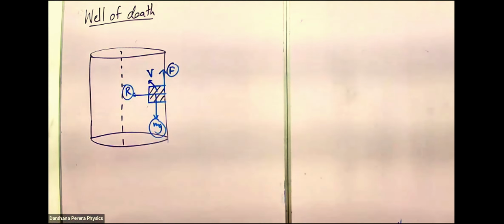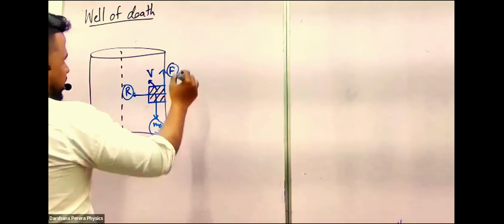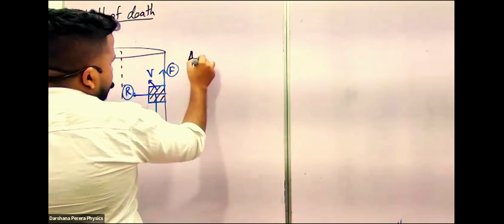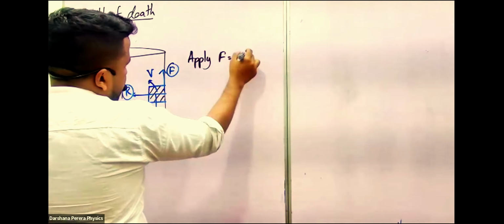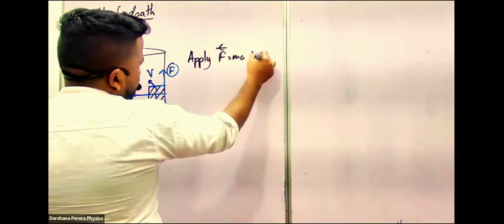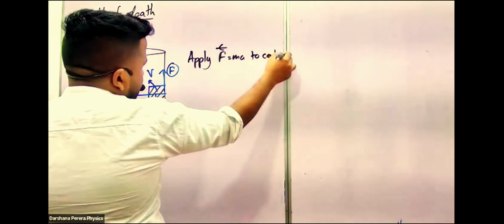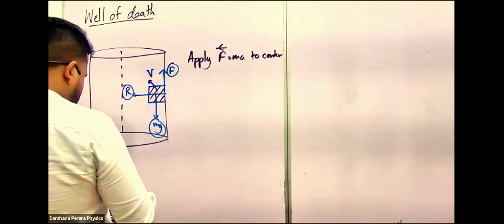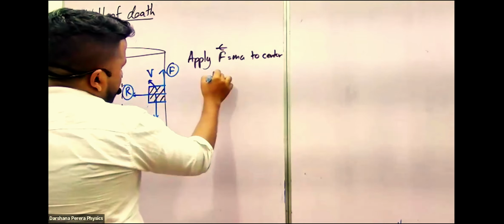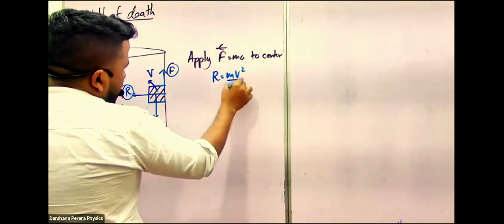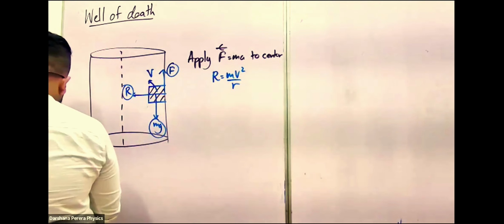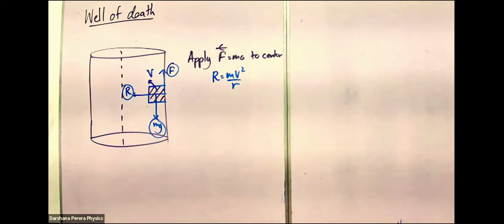For this case, we have to apply F equals ma to the center. Therefore, we can get R equals mv square over r.